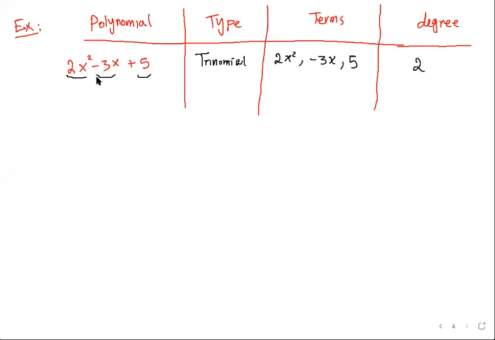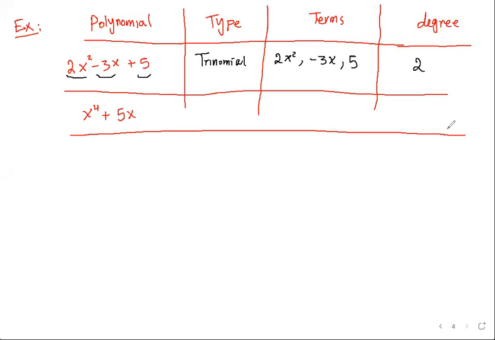Okay, now example number 2. Something like x to the power 4 plus 5x. What is the type? Binomial. Why is it binomial? There are only 2 terms.